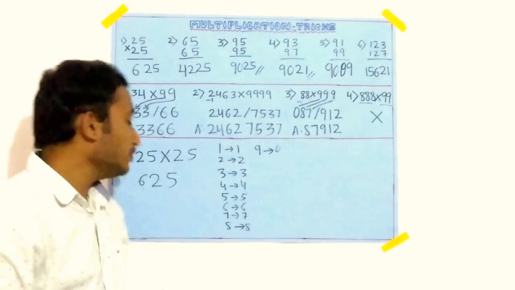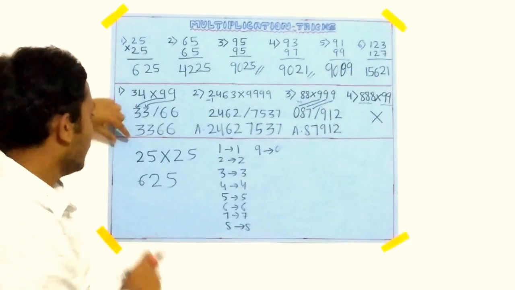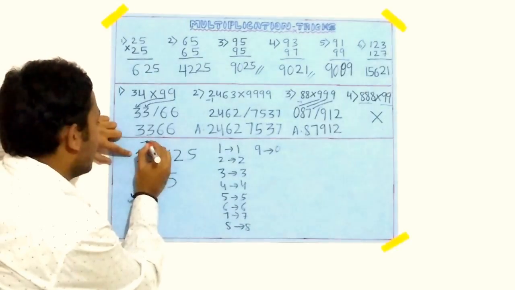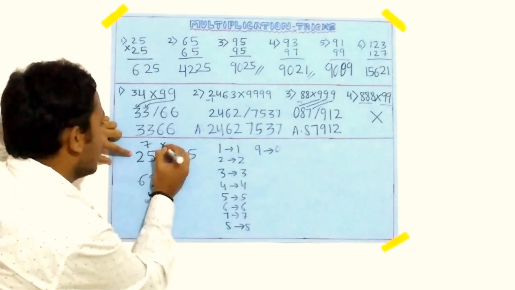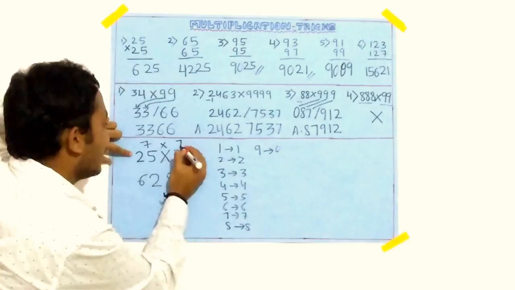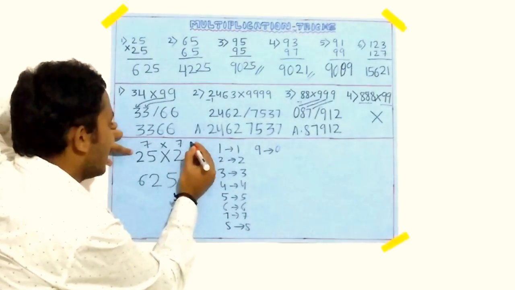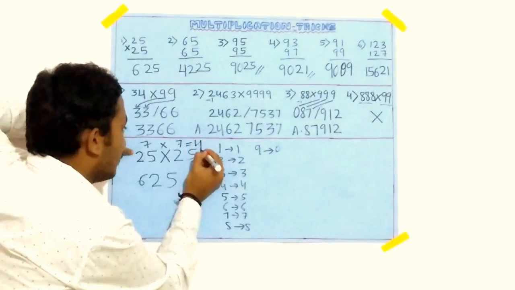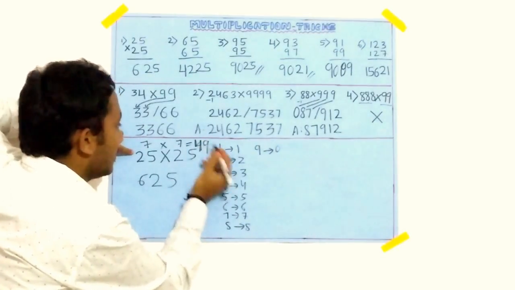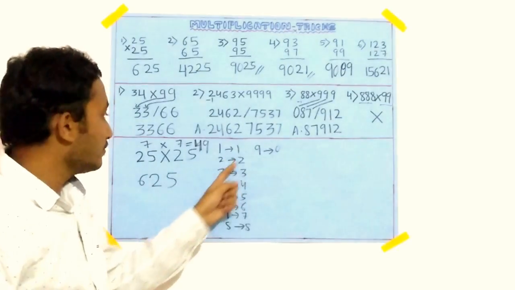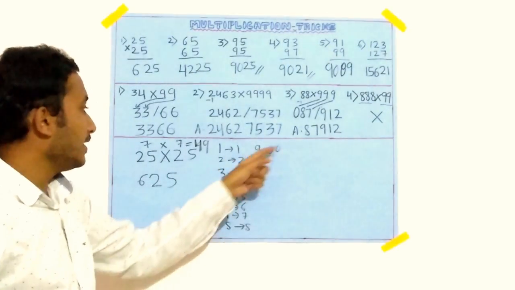Okay. So what we'll do? We'll do one thing here. 2 plus 5 is 7. That is 7 cross 7 is 49. Okay. So what we need to do, as I have written here, 1 is 1, 2 is 2, 3 is 3, 9 is 0.